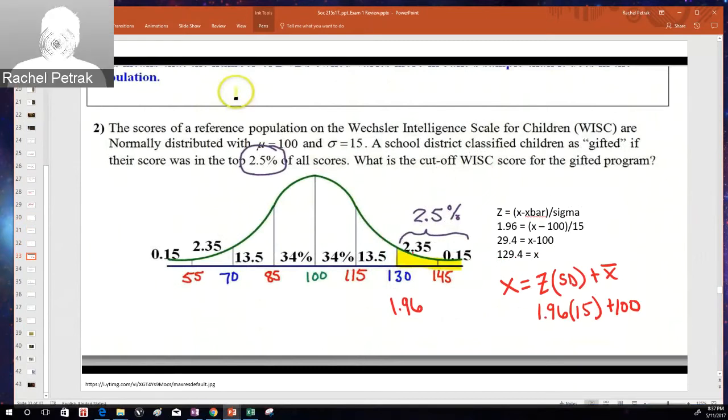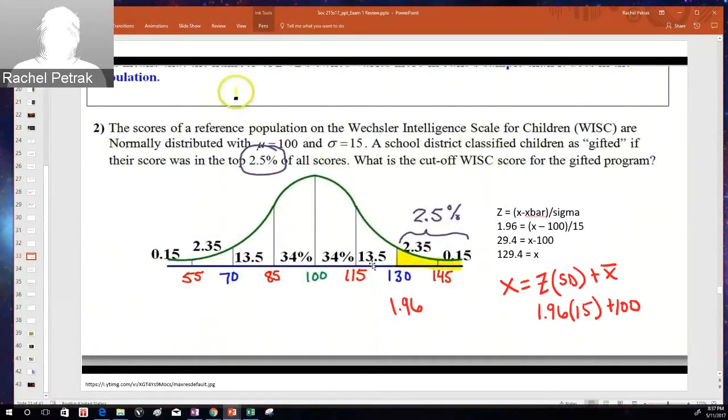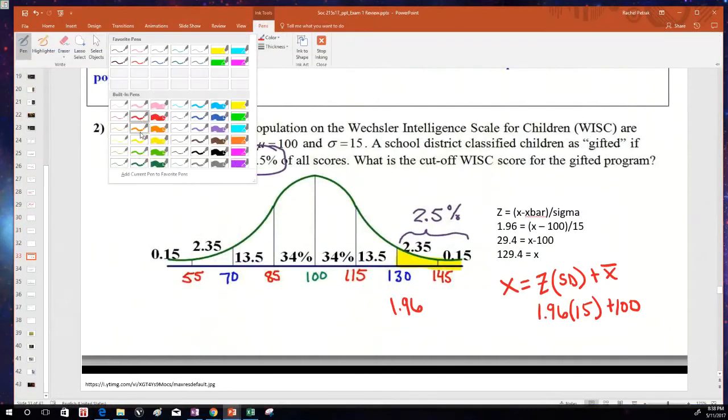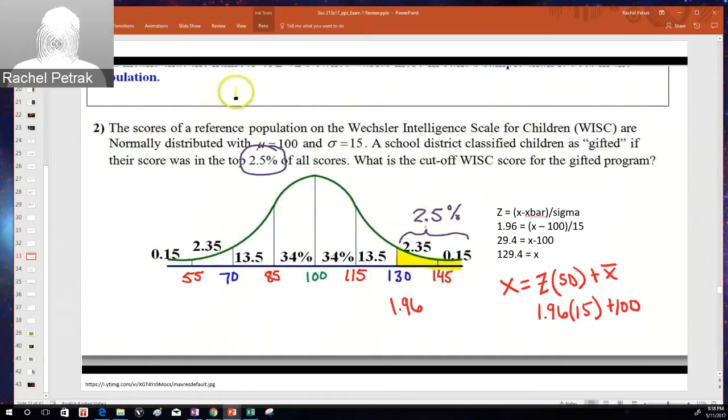So the cutoff whisker score is 130. Incidentally, 130 also is another number of interest. Just to highlight this real quick, if this is 2.5% of the population, then what percentage of the population is the rest of this?